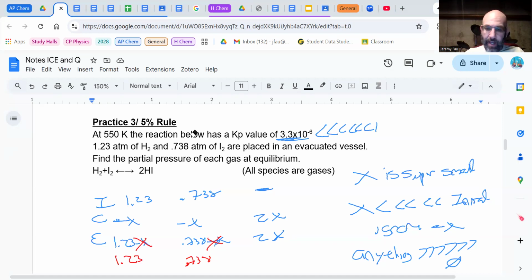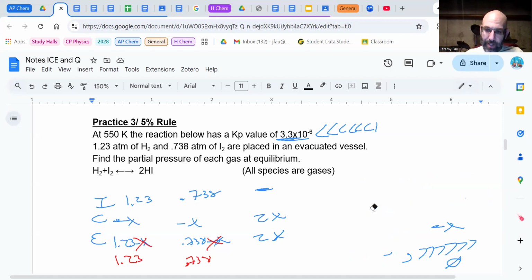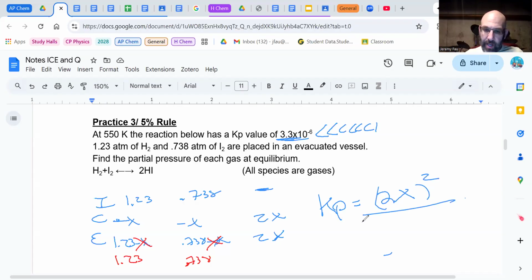Now, because of that, when we solve for Kp, it's so much easier. Kp equals 2x, that's the top value, that's the HI squared. On the bottom, it's just 1.23 times 0.738.